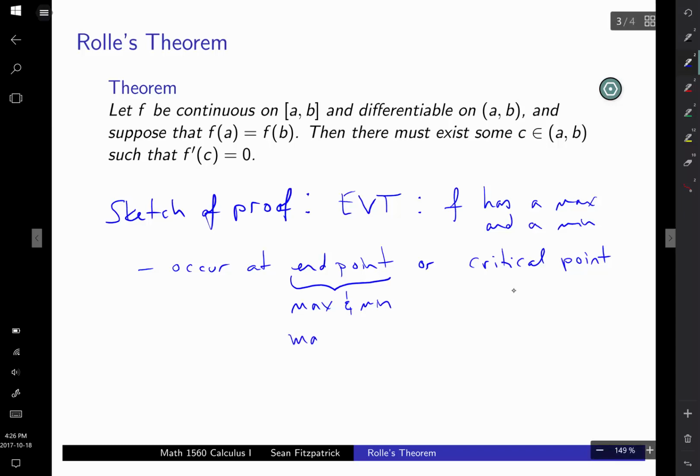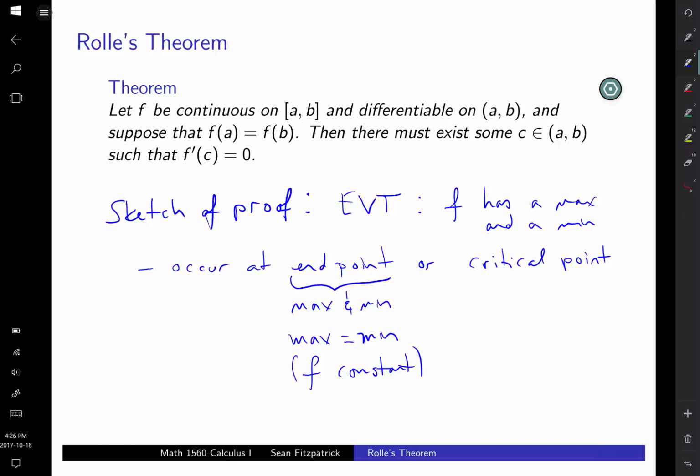That means that the max has to equal the minimum. If it's the same value at each endpoint and the max value is the same as the min value, the only way the max can equal the min is if you have the same value all the way across. So f is constant. And we know that the derivative of any constant function is 0, so in fact every c between a and b would work, right?